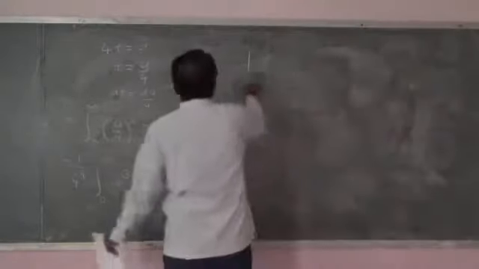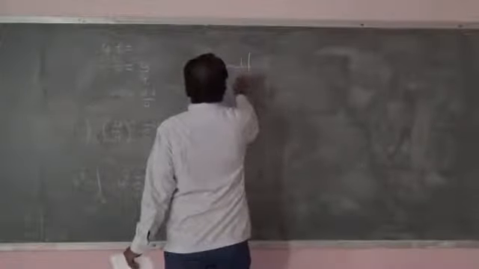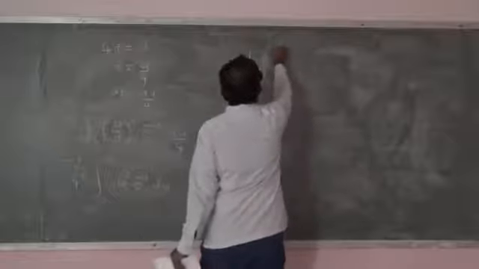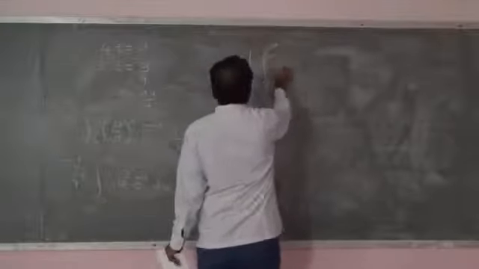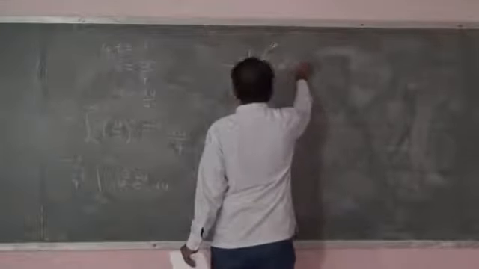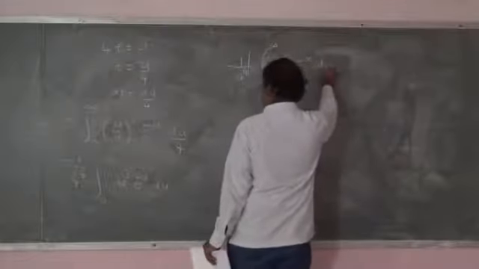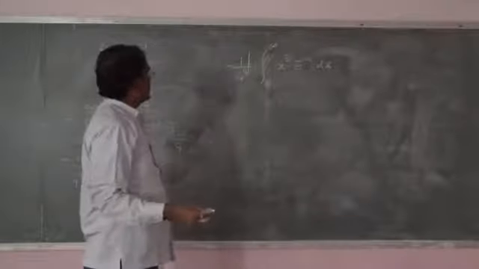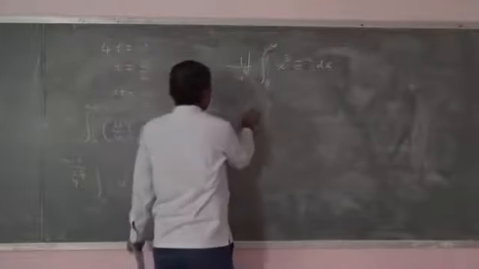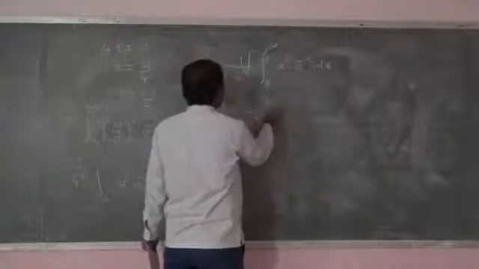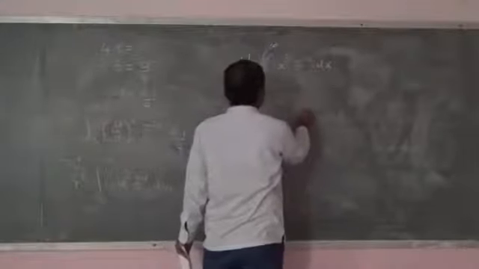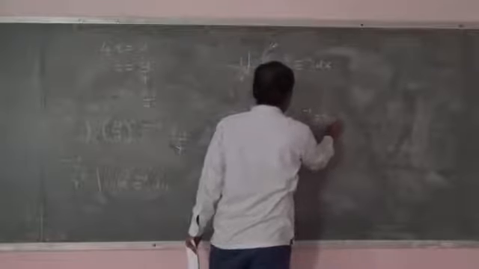So now minus 1 by 4 raised to 4, this can be written as integral 0 to infinity x cube e to the power minus x dx. Now this becomes x raised to 4 minus 1 e raised to minus x dx.